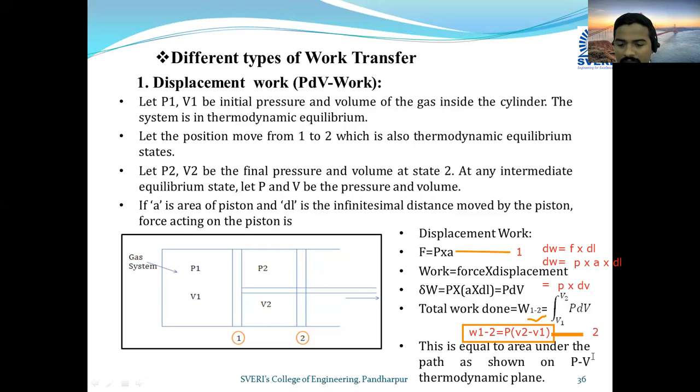Below the equation write down, this is called as displacement work or PdV work.